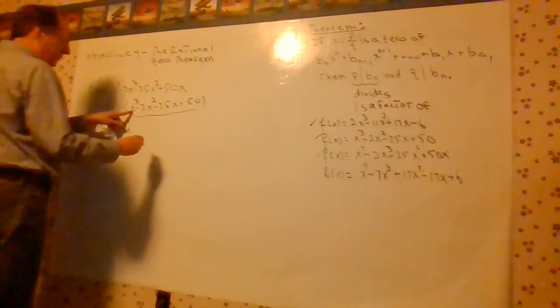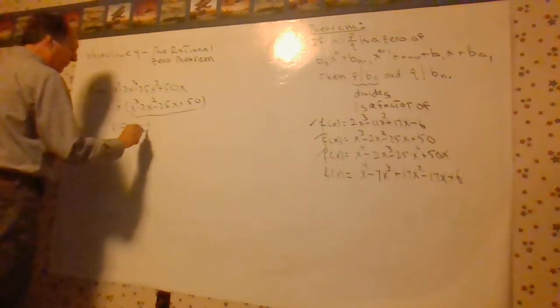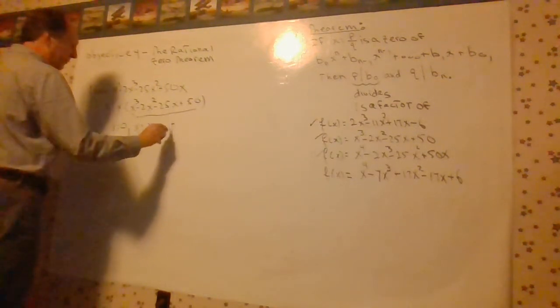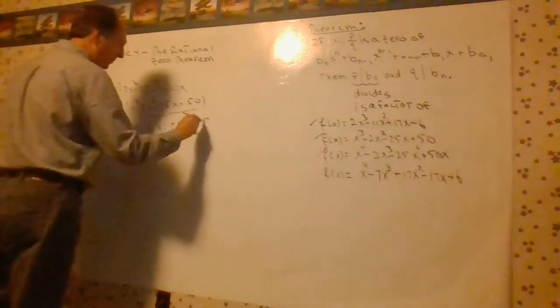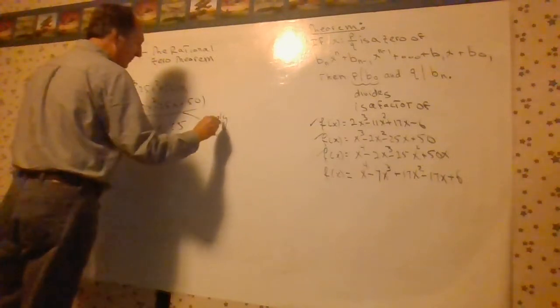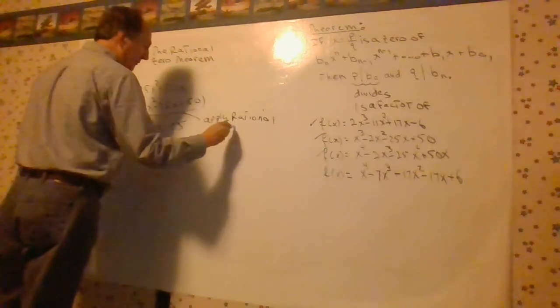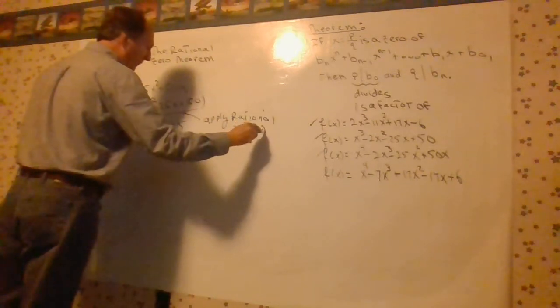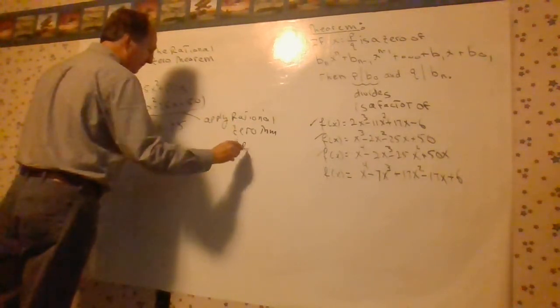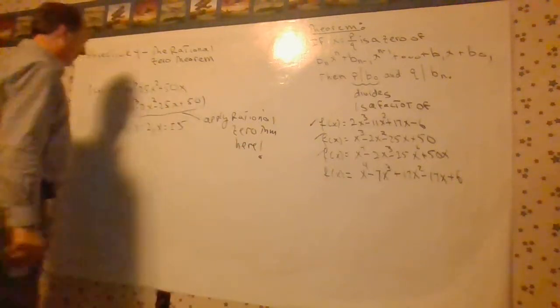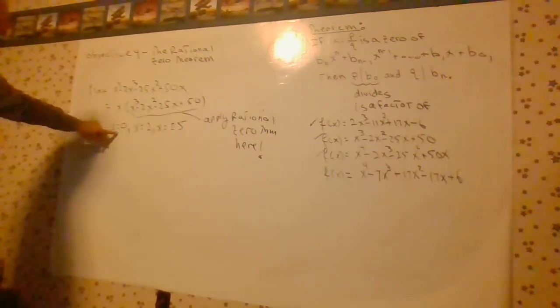And then this is from the previous problem, x equals 2, x equals plus or minus 5. You apply the rational zero theorem here. You can forget that, but don't forget that 0 that came from the beginning.